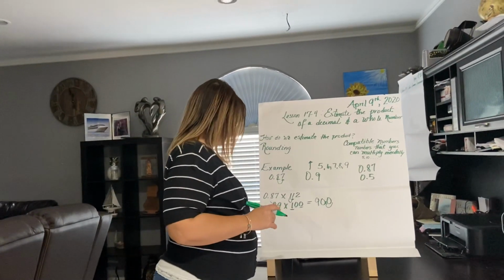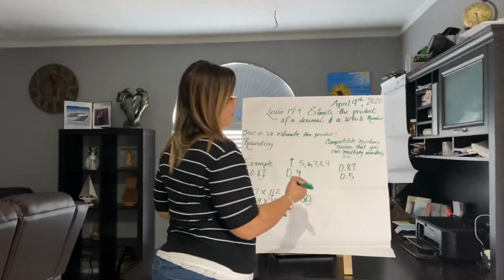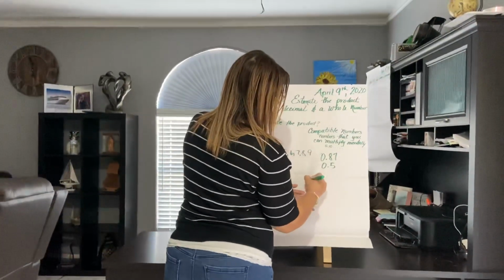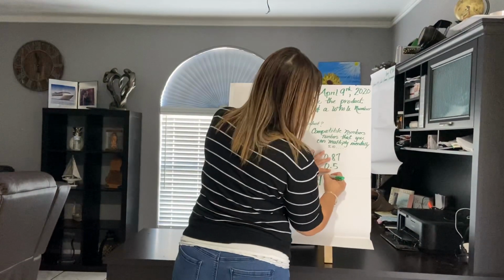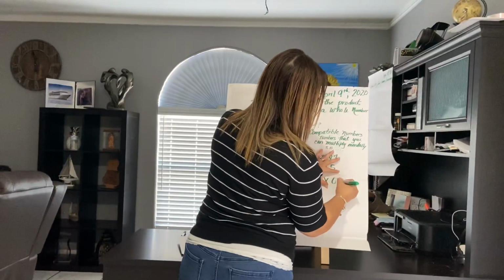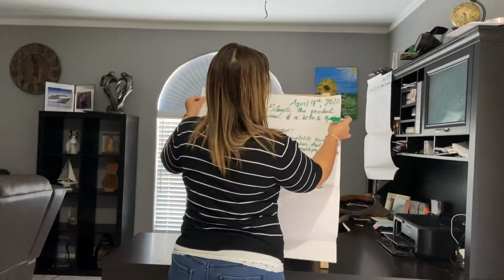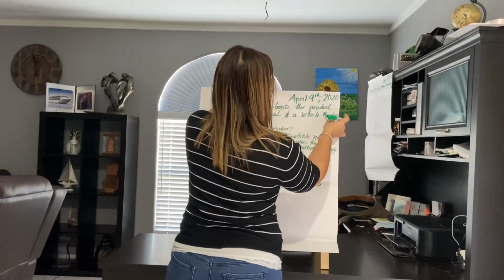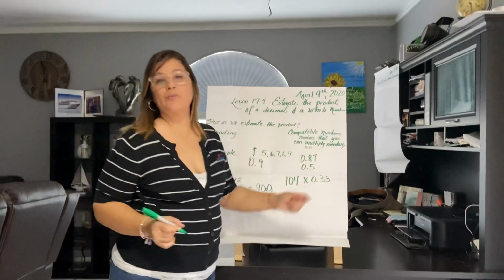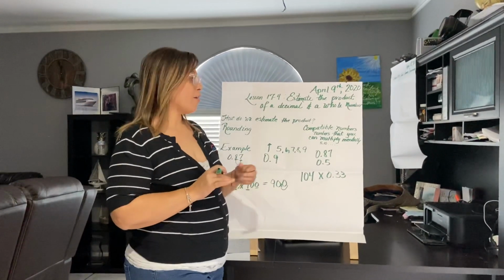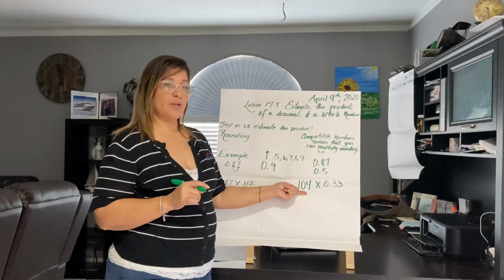Let's do 104 times 33 hundredths. Okay, so we have 104 times 33 hundredths. If we are going to round, we round to the nearest hundreds.